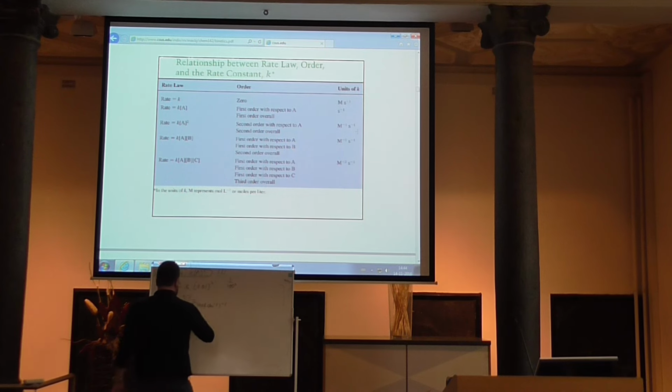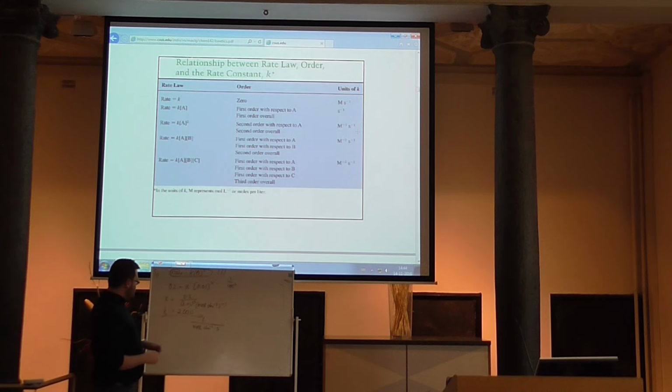So let's write this properly: 1 over moles per decimeter cubed, per second. So the units are second to the minus 1, moles per decimeter cubed to the minus 1. Those are the units for a second order reaction.